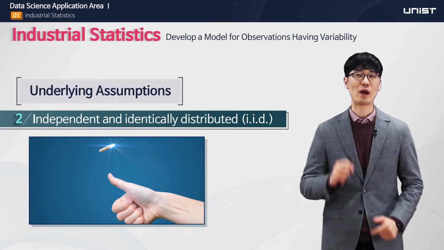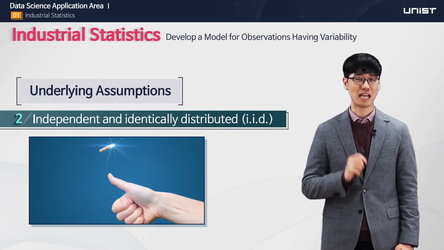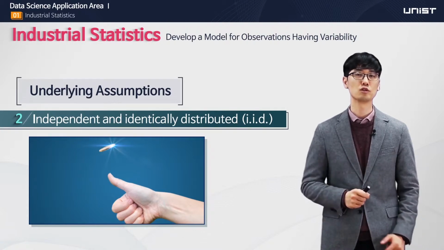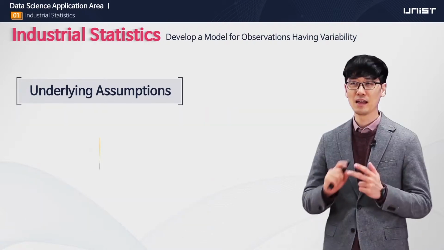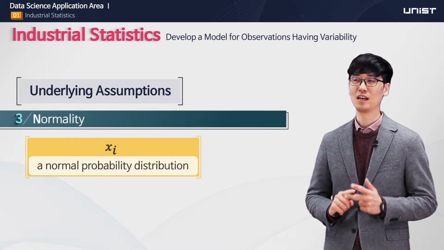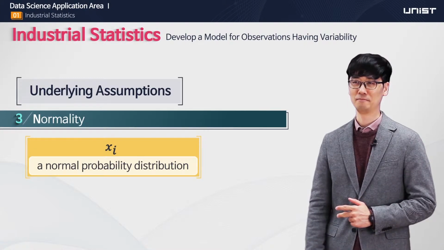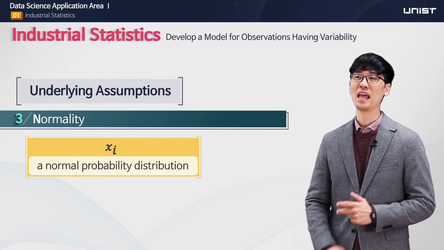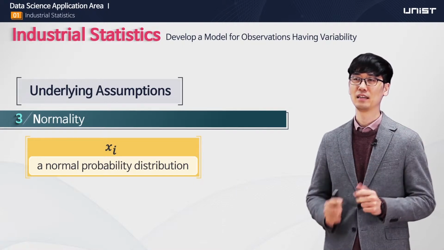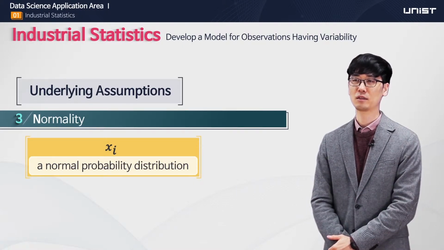That means each random variable has the same probability distribution as the others and all are mutually independent. Last, as is stated, we assume that xi follows a normal probability distribution. Actually, those three assumptions can be relaxed. We will talk about it at the end of this video clip.